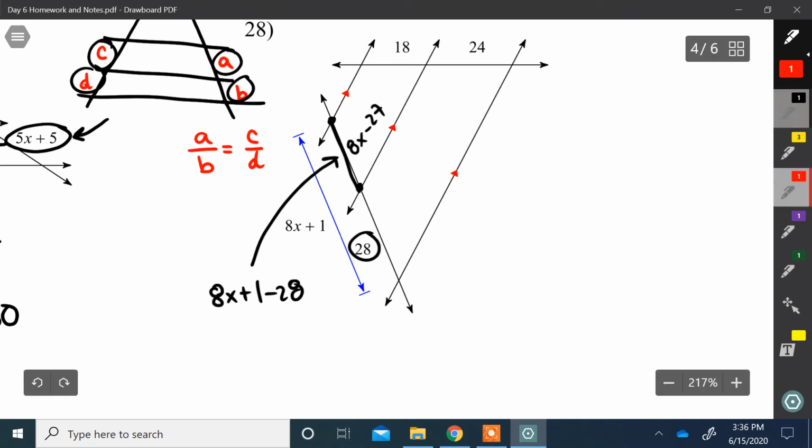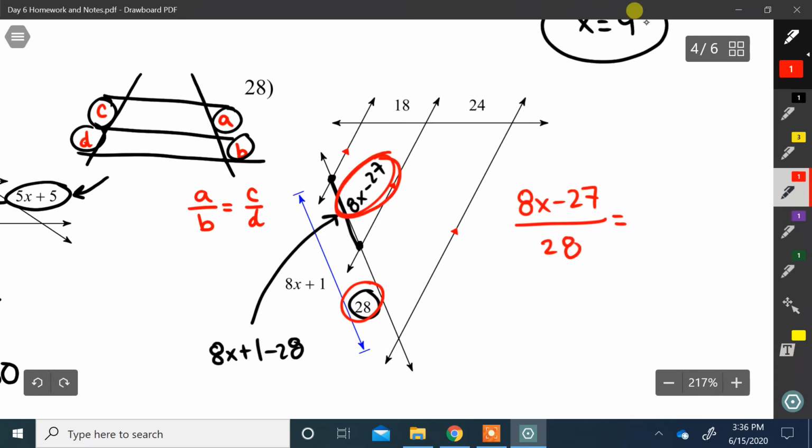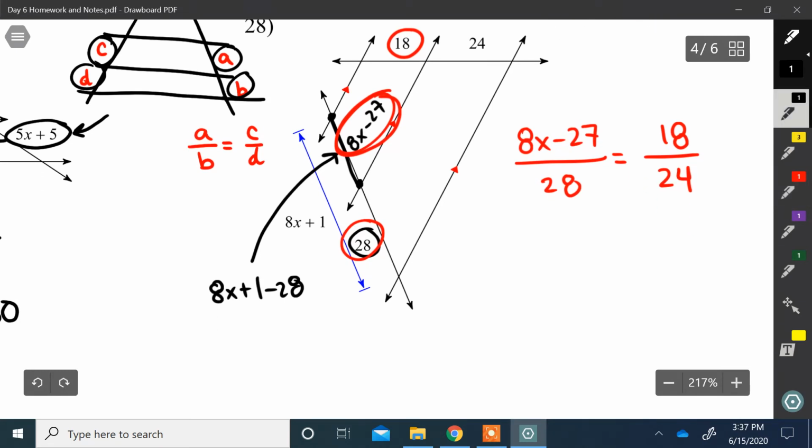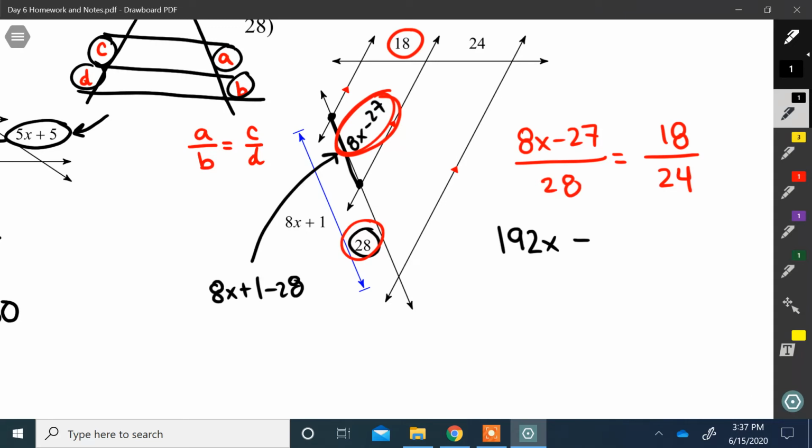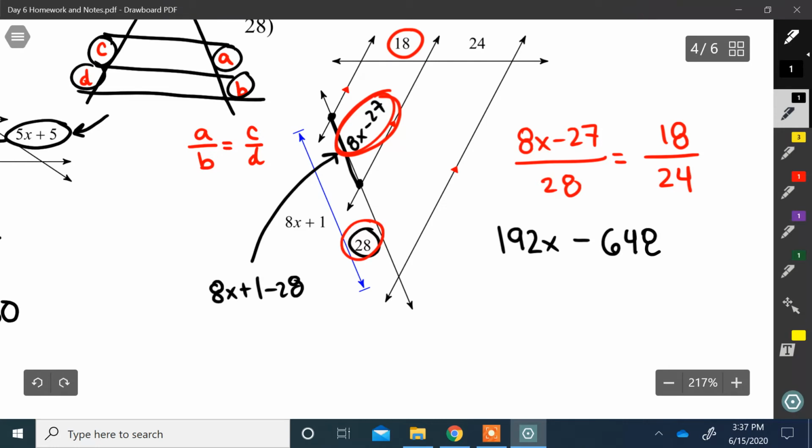So first of all, I'm going to set it up this way. This over 28. So 8x minus 27 over 28 should equal, if I start with this one, I need to start with this one now, 18 over 24. Go ahead and cross multiply. So 24 times 8 should be 192x minus, now we have 24 times 27 should be 648.